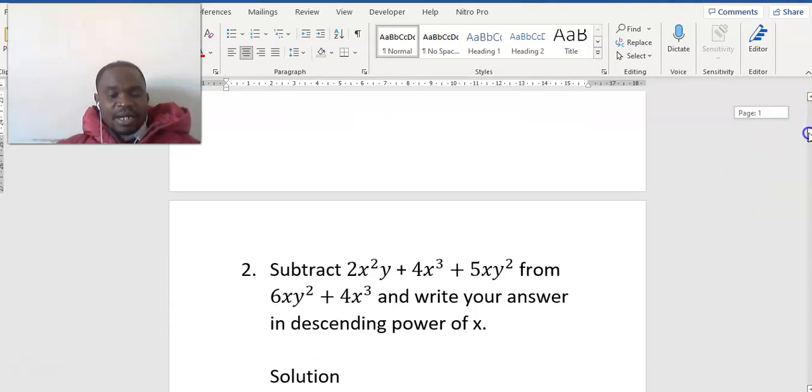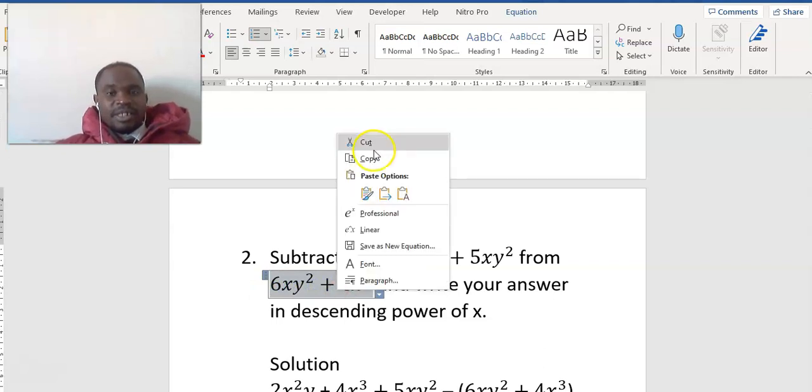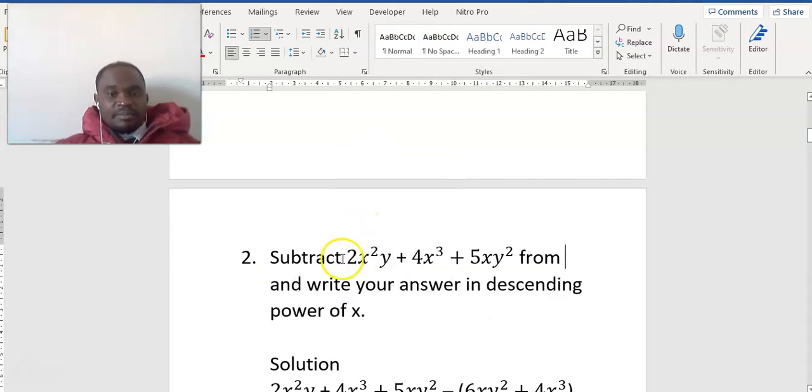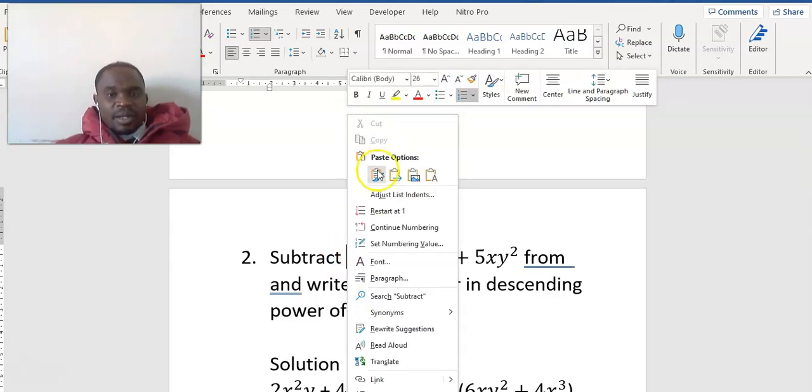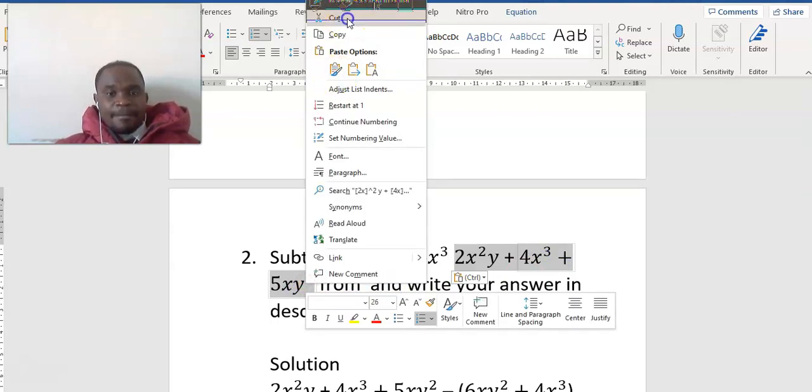Let's look at the second one. It's also the same. This one must come first. So this must be here. Are we together? Then this one must also be here.